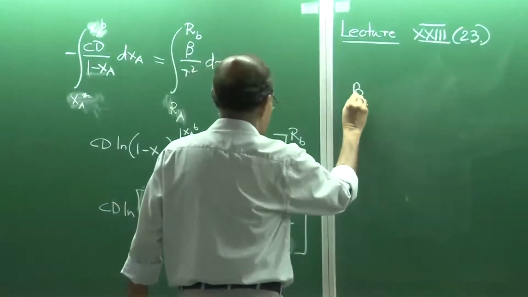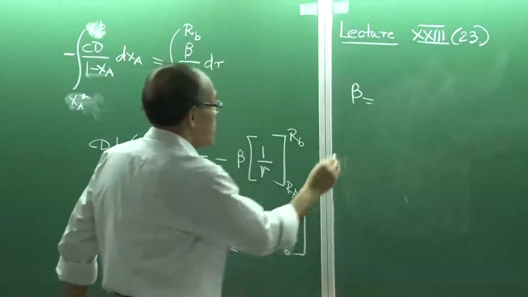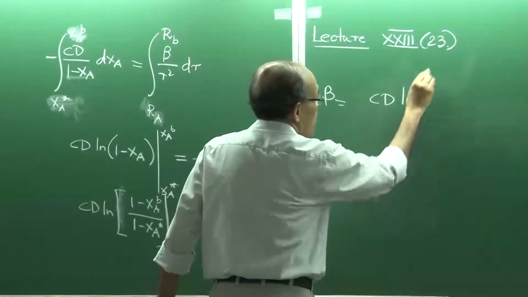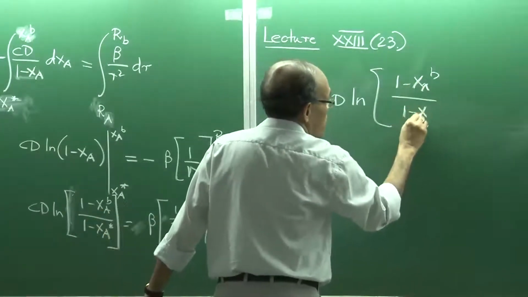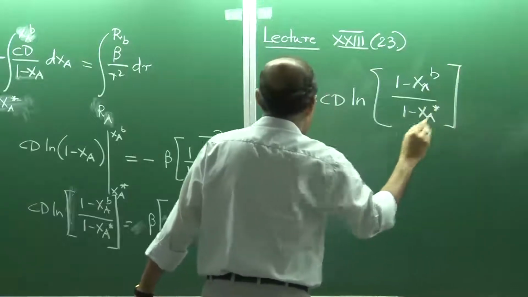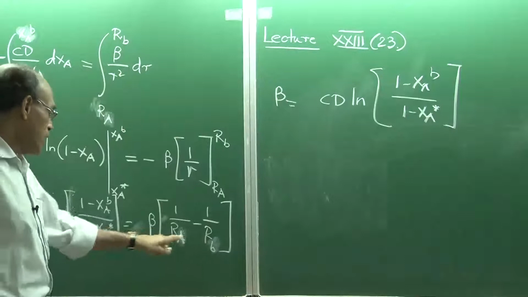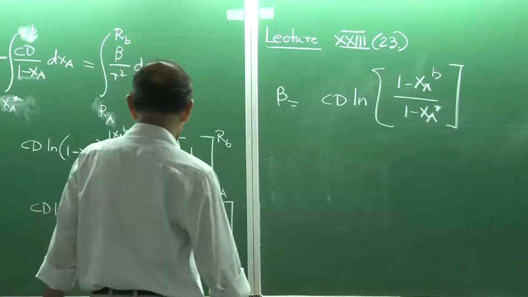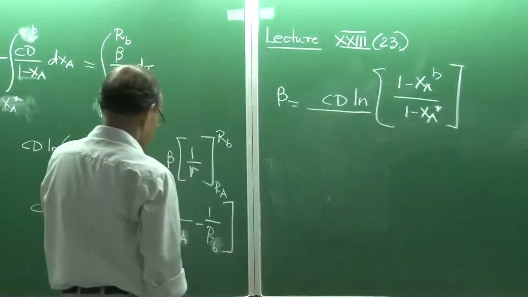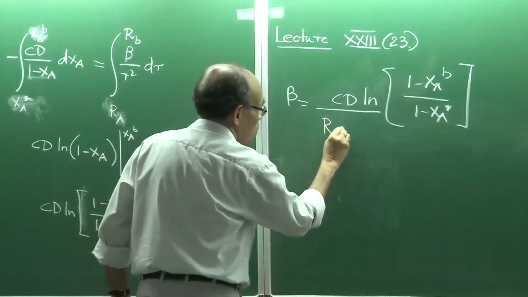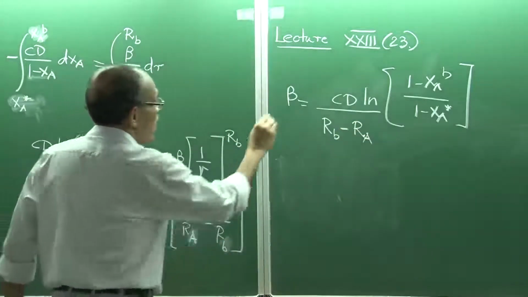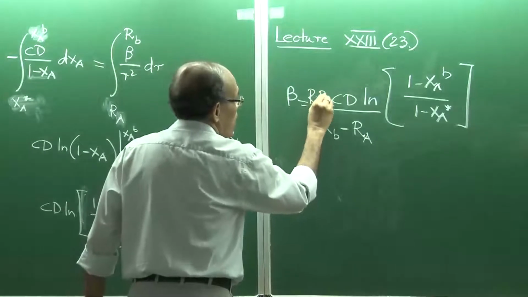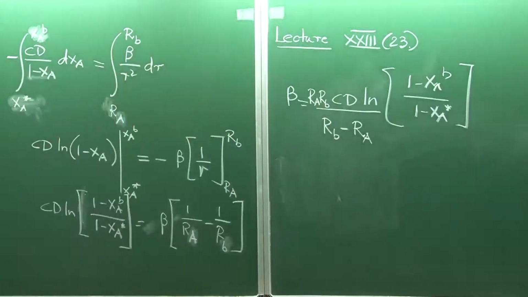So, therefore, we can say that beta can be written in terms of R_A, R_B, so I can say it is CD ln(1 minus x_AB by 1 minus x_A star), and we will have R_A into R_B, and we will have R_B minus R_A.